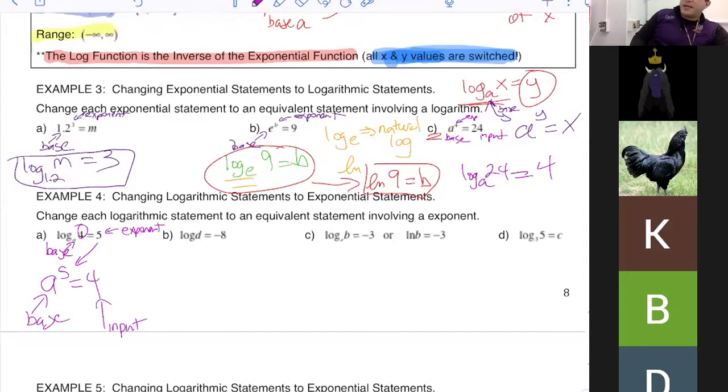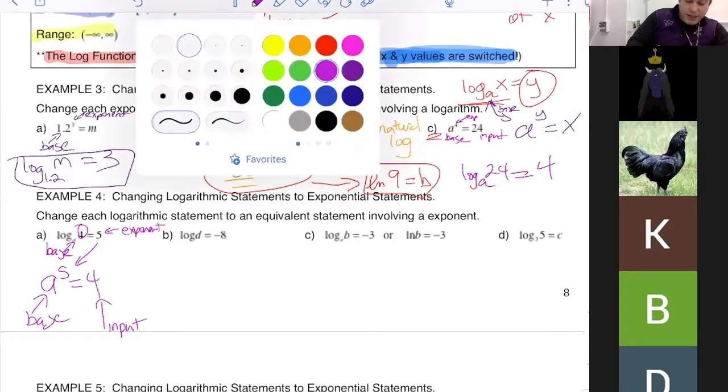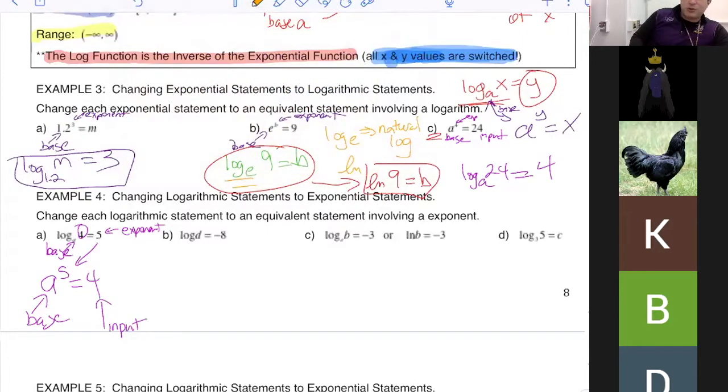All right, so now B brings us to our second of two special logarithms. Looking at B, you might say, Mr. Bassler, you messed up. There's no base there. And I do mess up once in a while, but I didn't mess up this time. There is a base. Whenever you just see log with no base, this is called common log.